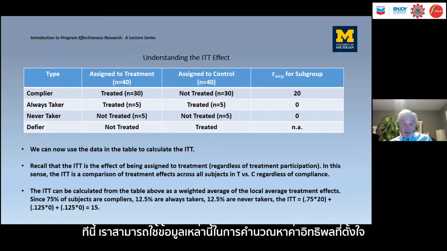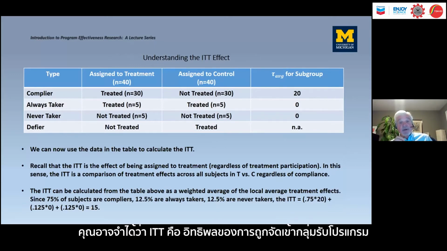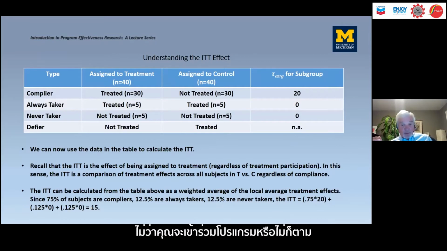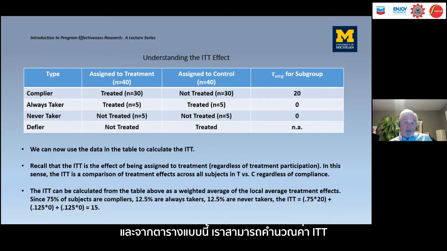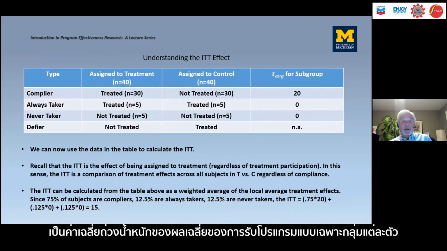Now, we can also use these data to calculate what the intent to treat effect is. You recall that the ITT is the effect of being assigned to treatment, whether or not you participated in it. So in this sense, it's the comparison of outcomes across all subjects in treatment and control, regardless of their compliance status or predisposition. From a table like this, the ITT can be calculated as a weighted average of each of the local treatment effects.